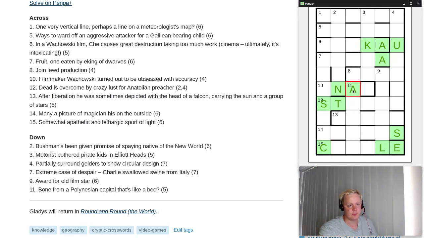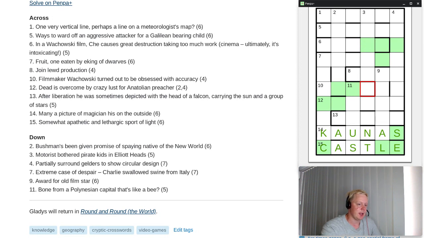If we do that, we put this NA here and this ST here, and then we would put this KAU here, and this A would be here. And that spells out our answer, Kaunas Castle.